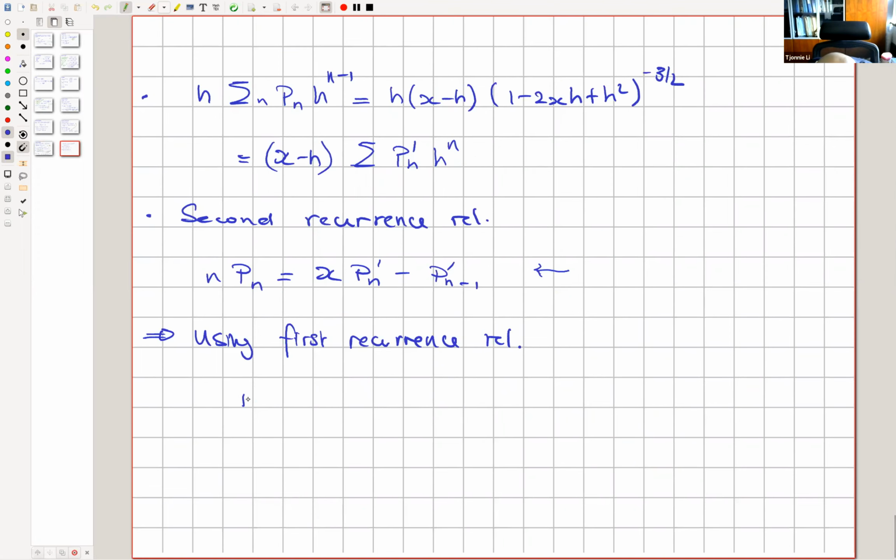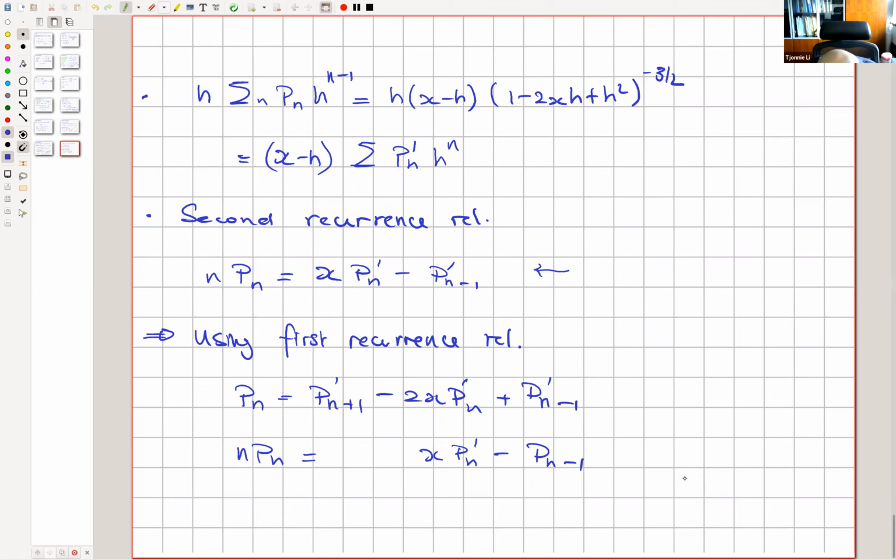So I'm getting Pn plus 1 prime minus 2x Pn prime plus Pn minus 1 prime, and I am putting this equation down as well, equals x Pn prime minus Pn minus 1 here.